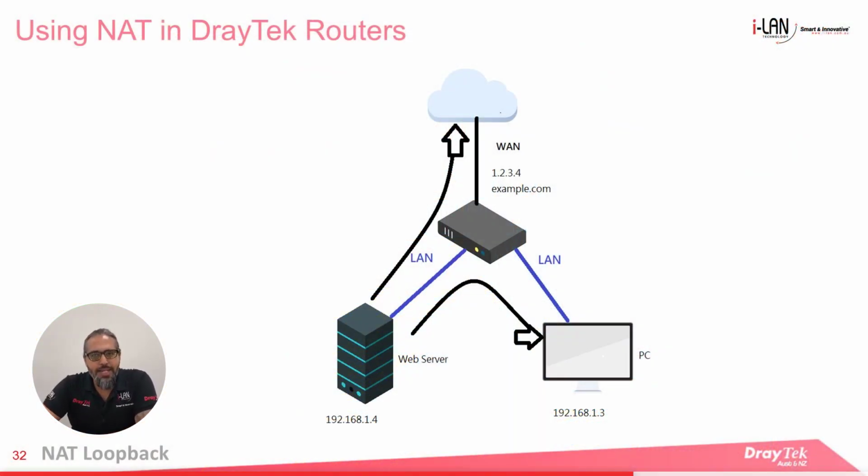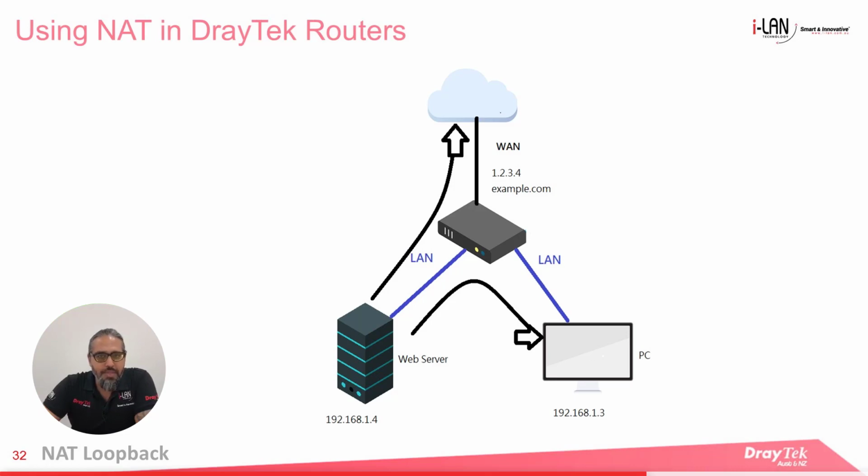NAT Loopback is a useful feature added to DRATEC routers, and it's enabled by default. This works after configuring the open port redirection, or DMZ host in the router. Once configured, you can use the public IP address or the domain name to access the server from both your home or office network as well as from the internet.